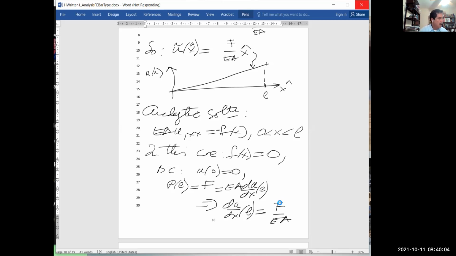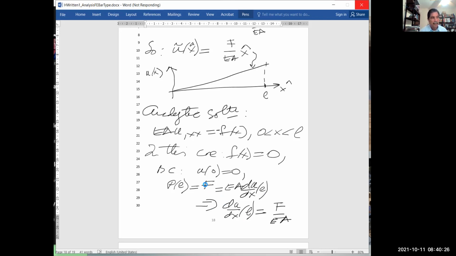Now the question is, why is it exact? Well, the answer to that is that in this case, the solution to this problem is a linear function for u. And that's exactly the shape of the interpolation that we assumed.